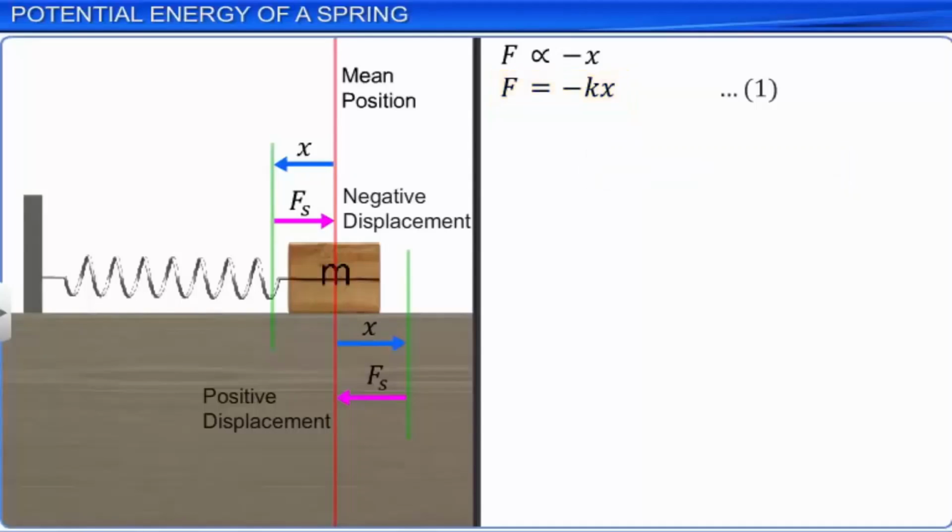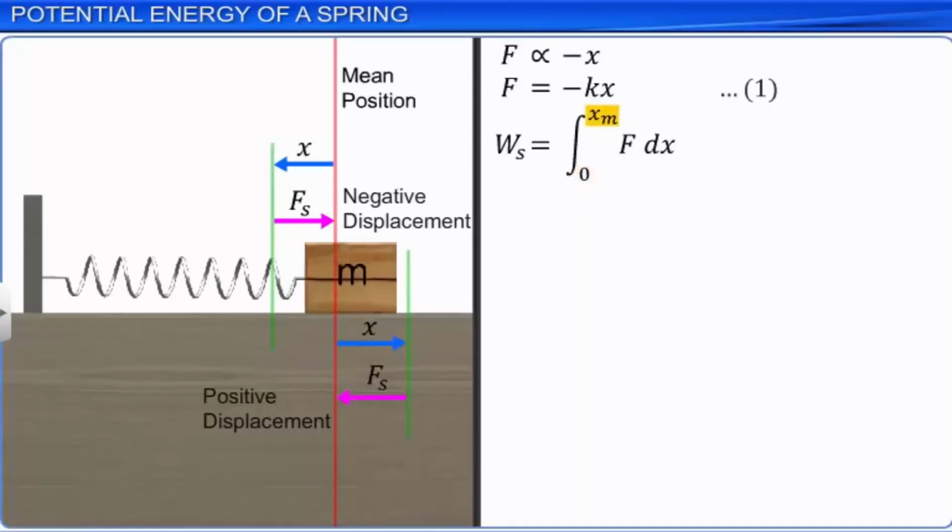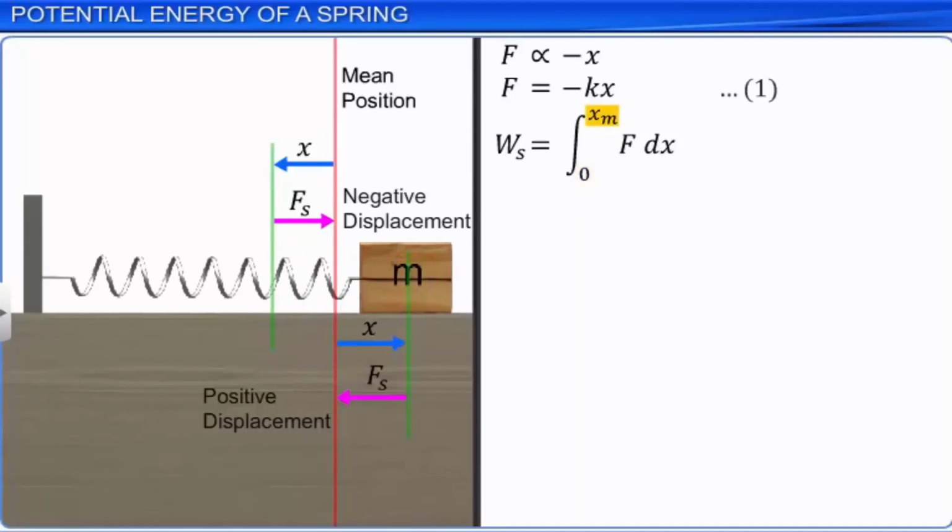Work done W by the spring force is denoted by the expression integral F dx in the limits 0 to xm, where xm is the maximum displacement of the spring. Let this be equation 2.